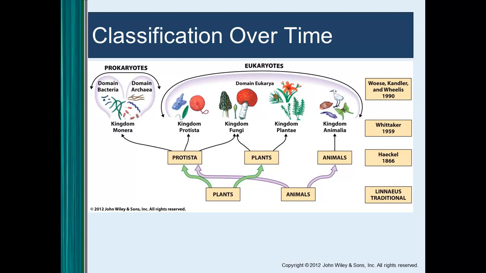So at the top you see this prokaryote and eukaryote two kingdom system, down to the 5 kingdom system involving the kingdoms of Monera, Protista, Fungi, Plantae, and Animalia, and the last one that I mentioned, which is the 3 domain system.